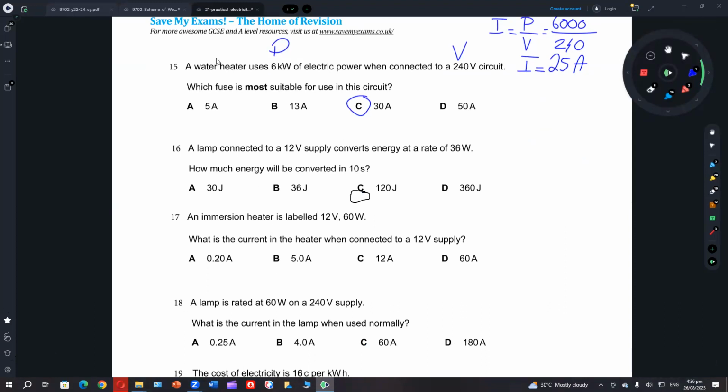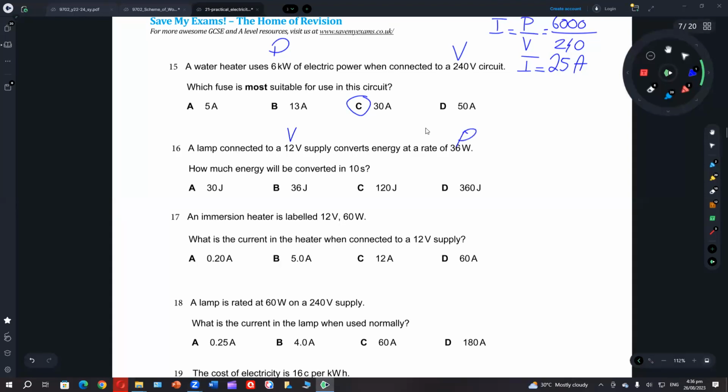A lamp connected to a 12 volt supply converts energy at a rate of 36 watts. So this is power, this is voltage.